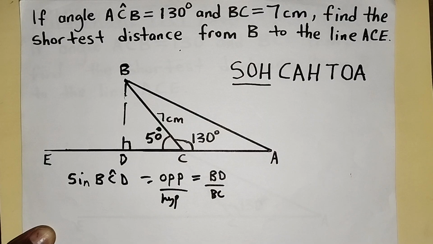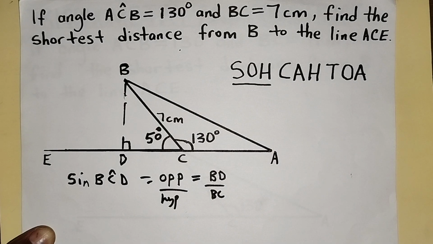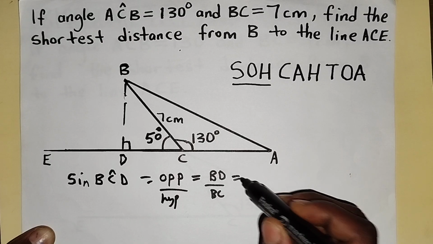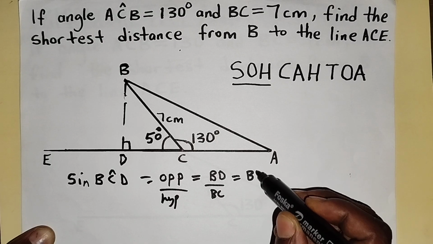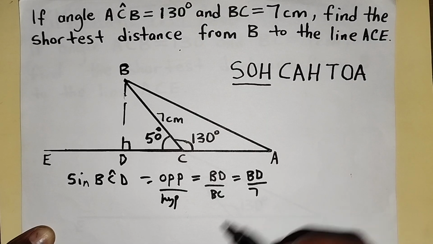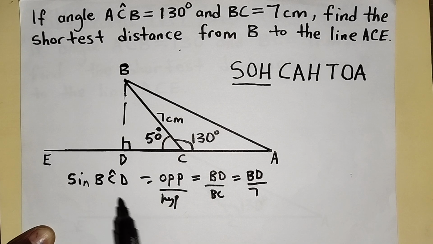Okay. Now I want to put some values. BD has no numerical value, it's the one which we want to find, over 7. Okay. So I mean to say sine of the angle BCD equals BD over 7.